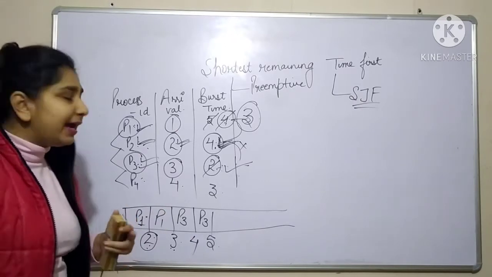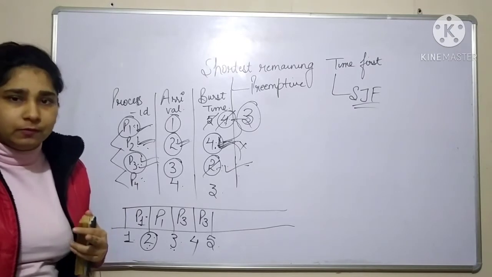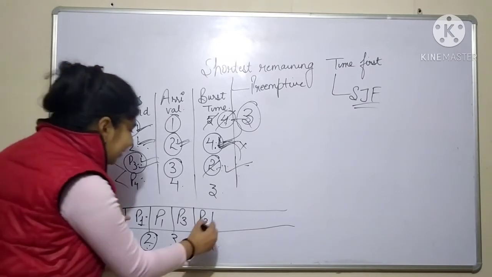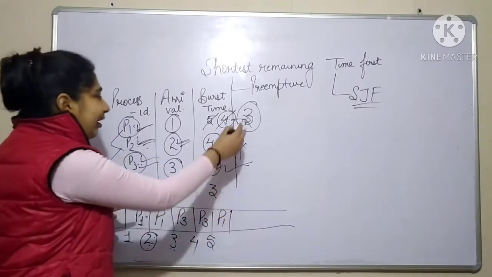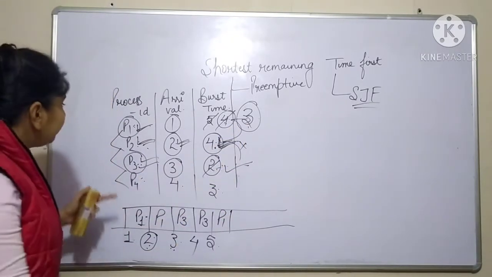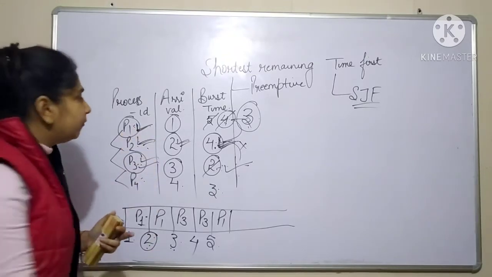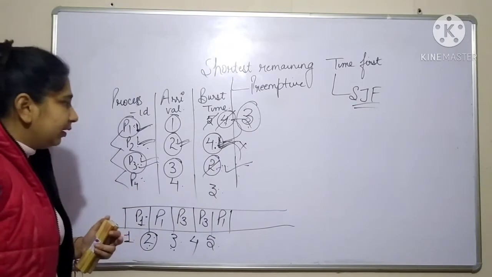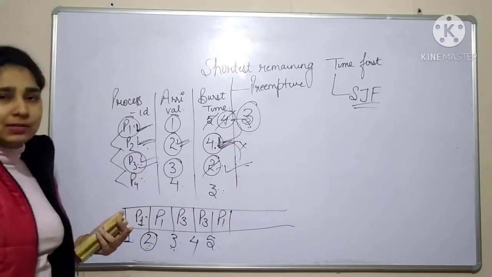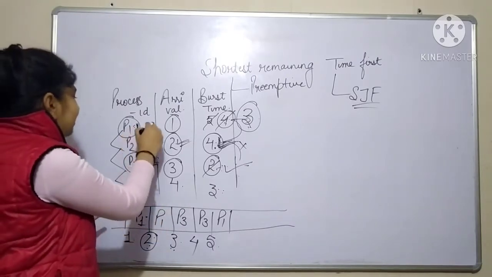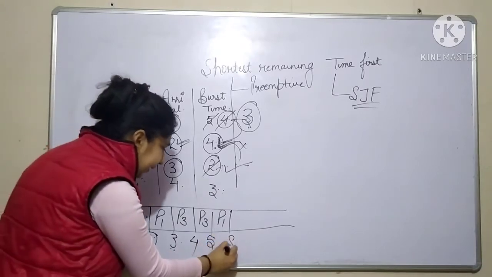So I will execute my process P1 first, on the CPU for 3 units of time, up to 8.